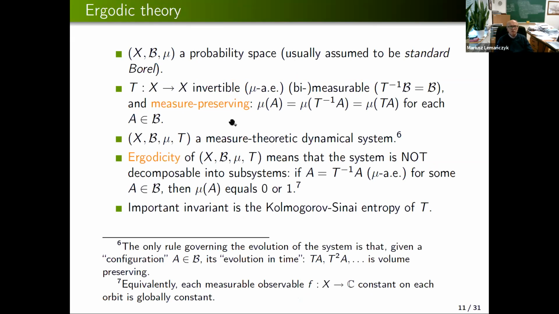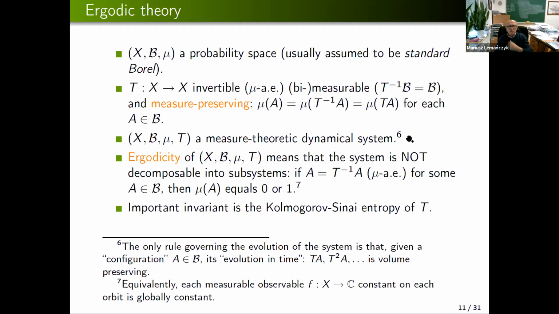Okay, so that's a probability space, and then on this space of points we have a certain map, and this map has to be compatible with the structure which we consider. So it sends measurable sets to measurable sets, let's say images and pre-images, so as not to complicate things.